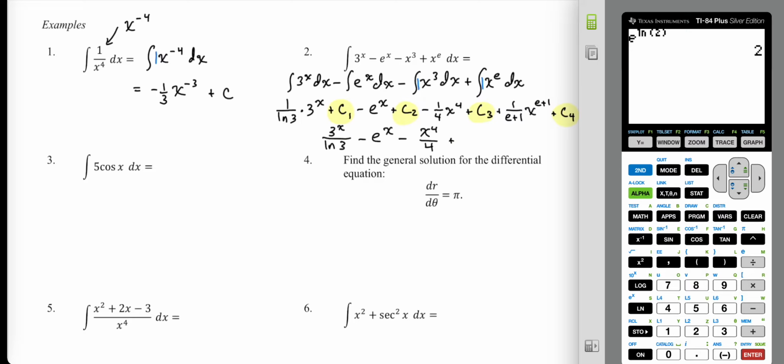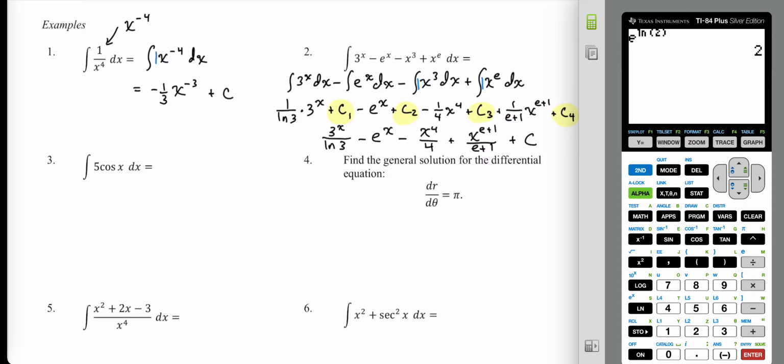You see the trick question that tricks the trickster. And then I'll just say plus c, some constant c, where c is the sum of c1, 2, 3, and 4. You wouldn't actually have to show that. It's assumed that it's going to collectively give one constant of integration. But I figured at least this one time I would just show it in its full glory.